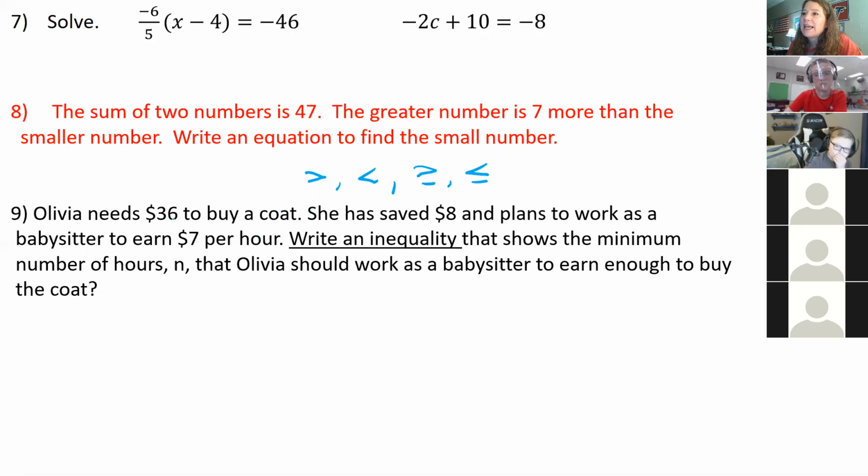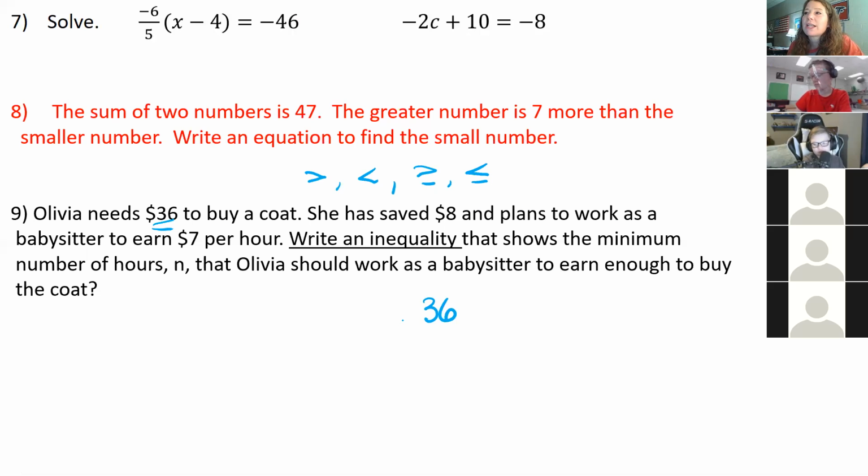All right, so if Olivia needs $36, could she buy a coat with exactly $36? Yes. Could she buy the coat if she had more than $36? Yeah. Right. But could she buy the coat if she had less than $36? Nope.